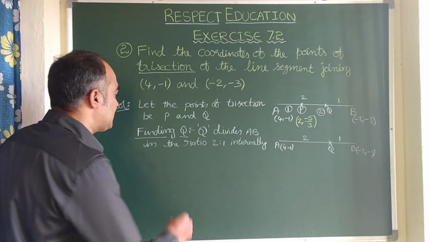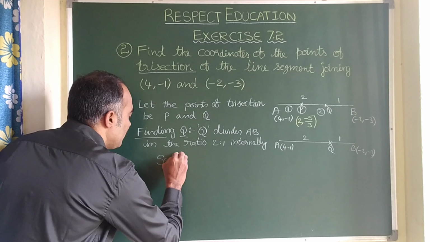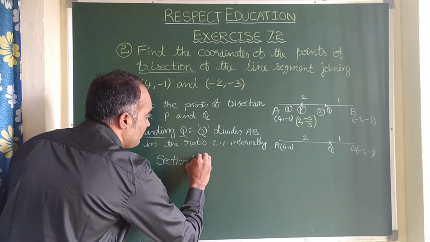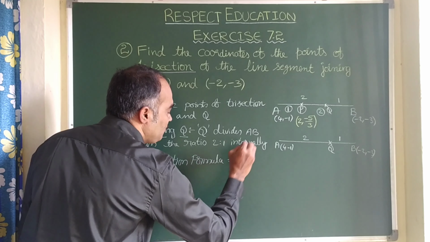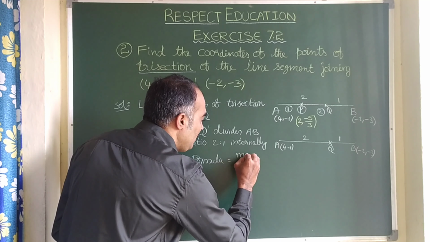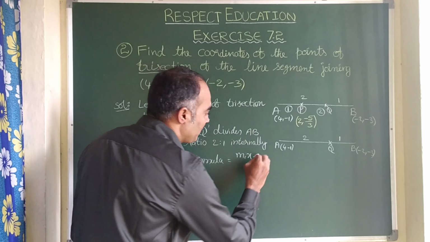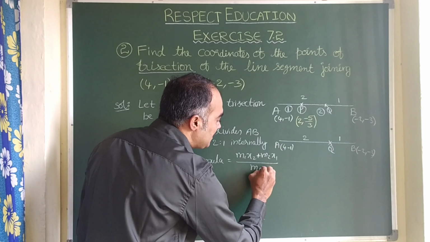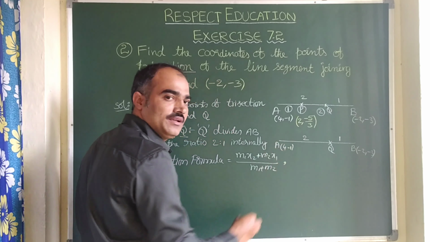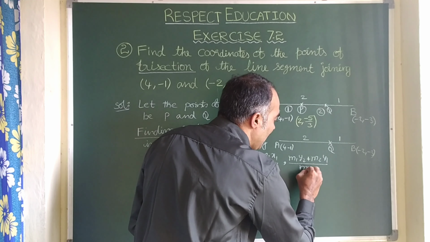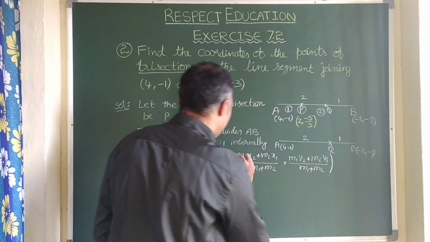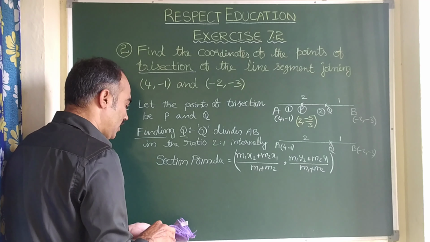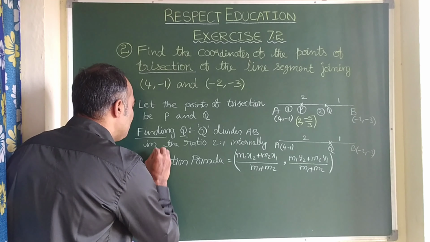So let us write the section formula. Section formula is (M1x2 + M2x1)/(M1 + M2), comma, (M1y2 + M2y1)/(M1 + M2). Clear? This is the formula we are going to use to simplify this problem.